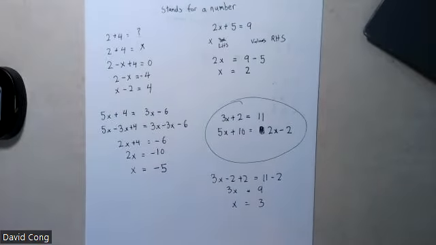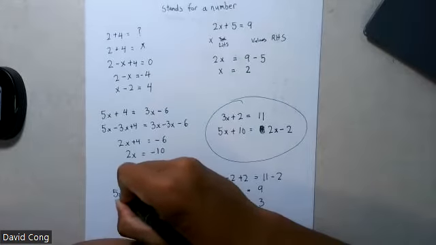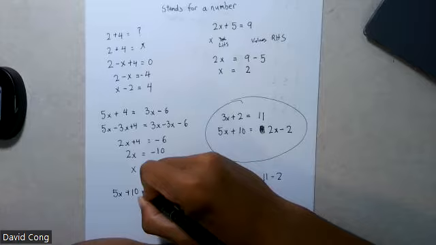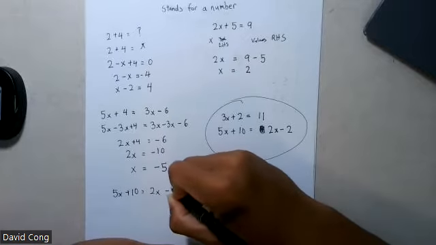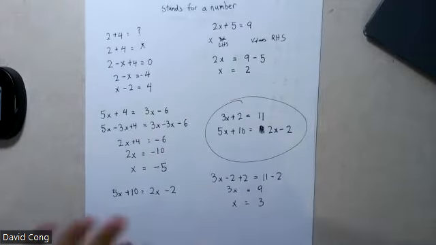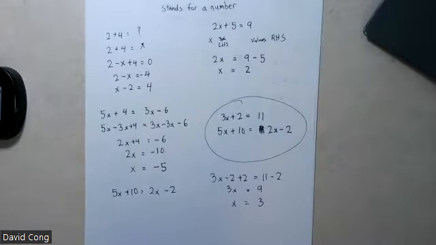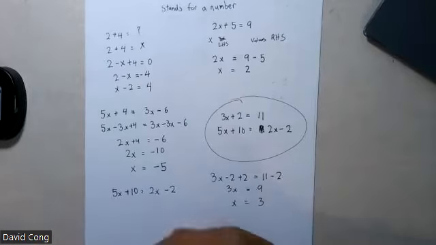Okay, so let's move on to the second one. Some of you just need to be careful with your signs, because that's where most of the mistakes I see come from. So let's take our 5x plus 10 equals 2x minus 2. We have x on both sides. Let's try to remove one of the x's. Let's subtract 2x so we only have x on this side.